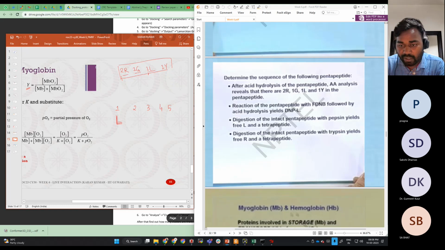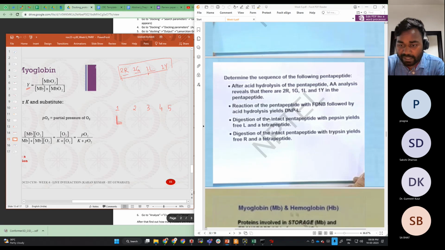Okay. Now the next hint is: digestion of the intact pentapeptide with pepsin yielded free L and a tetrapeptide. Now, what is it suggesting?